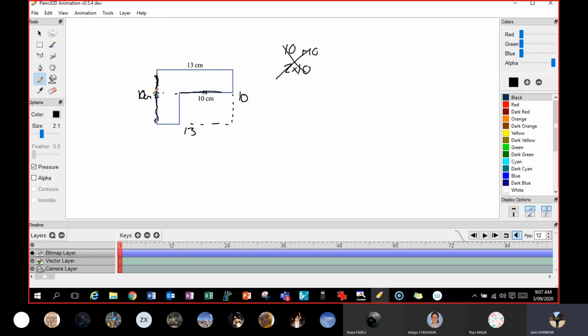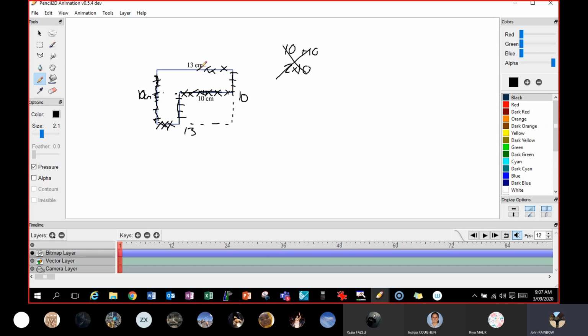What I actually see is this length is 10. This length and this length here is 10. So these lengths both add up to 10. And then looking at these ones, these two add up to 13.